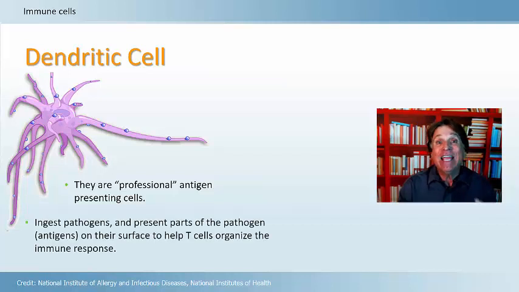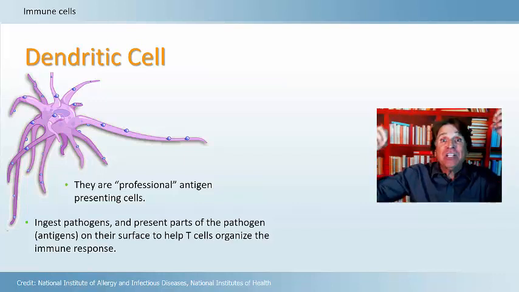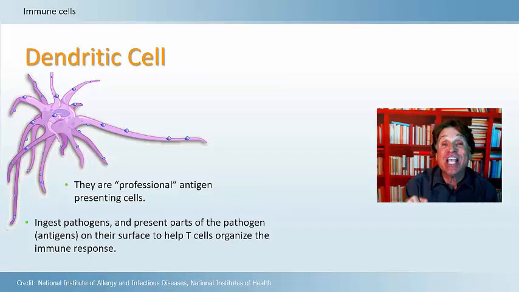What it will do is it will ingest a pathogen, bring the pathogen into its cell, use chemicals to not only inactivate the pathogen, but to break it down into small, recognizable antigens. Then it takes those antigens and projects them on the cell's surface. This surface then comes in contact with the T cell.